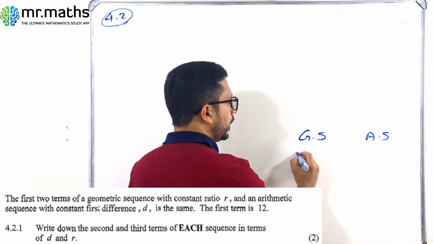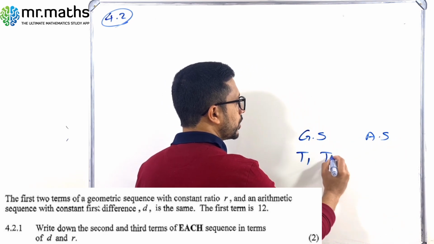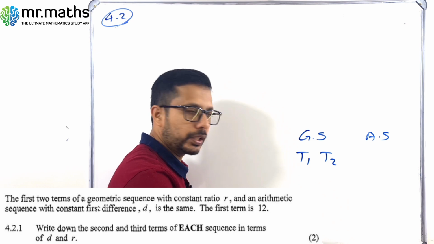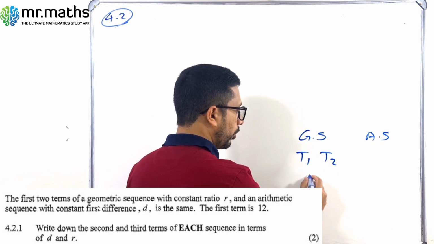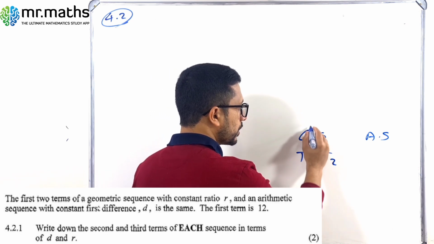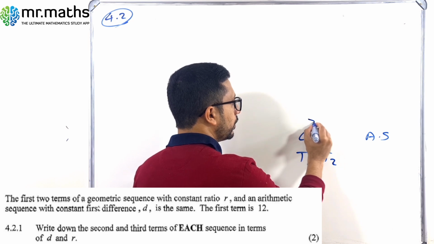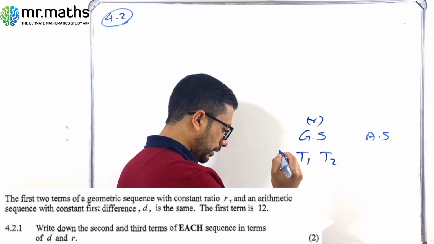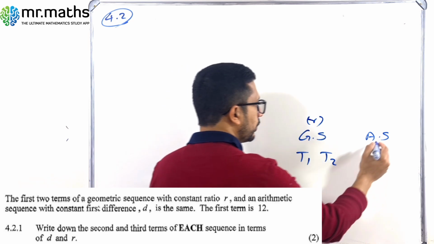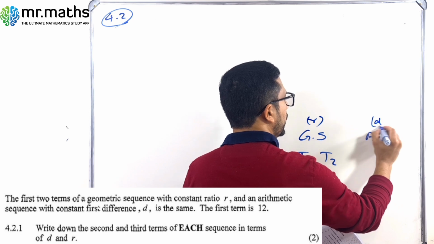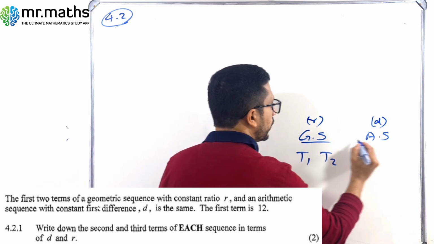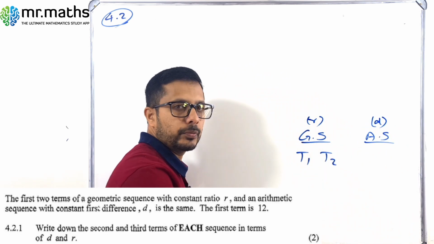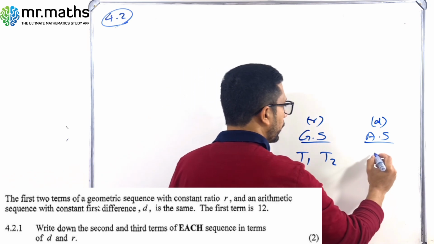They are saying that the first two terms t1 and t2 of the geometric sequence, and what is the common ratio in this geometric sequence? The common ratio is r. And here, the arithmetic sequence, the common difference is d.